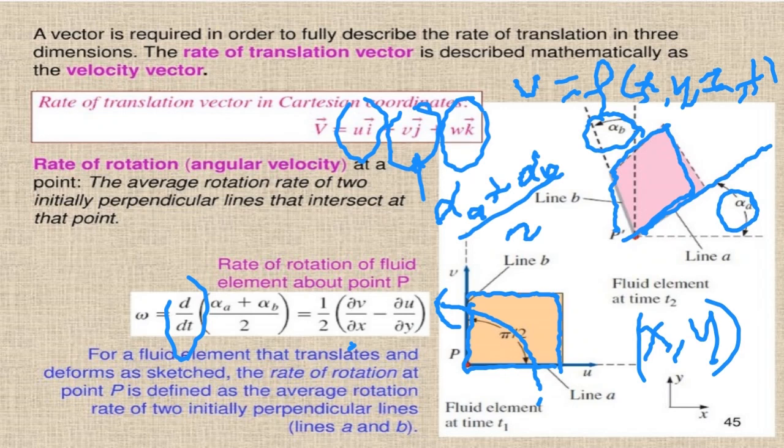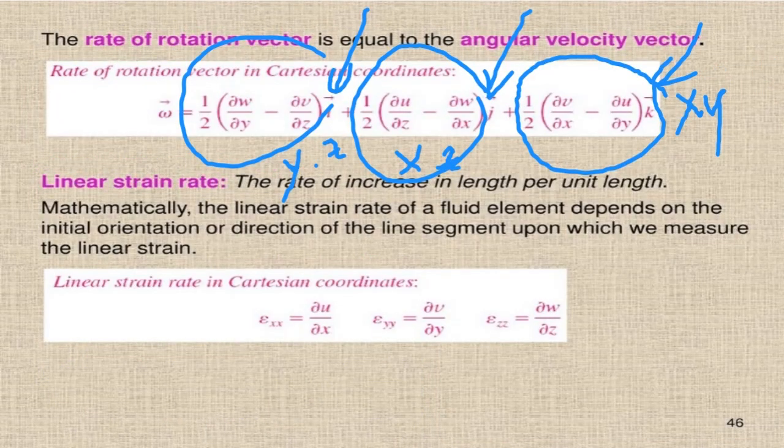And this k vector gives you the rotation size. So counterclockwise rotation of this fluid particle will give you a positive direction of k. And it's only the xy plane. If you consider the other planes, they will also have components of the angular velocity.